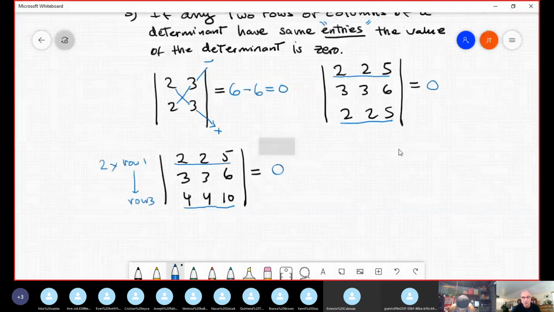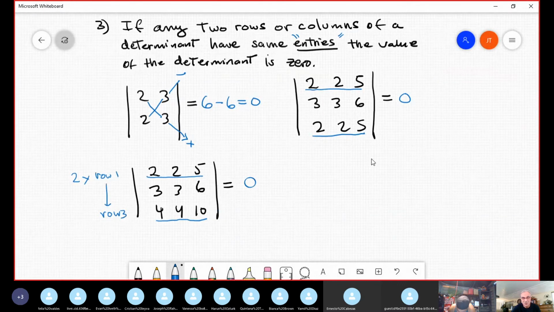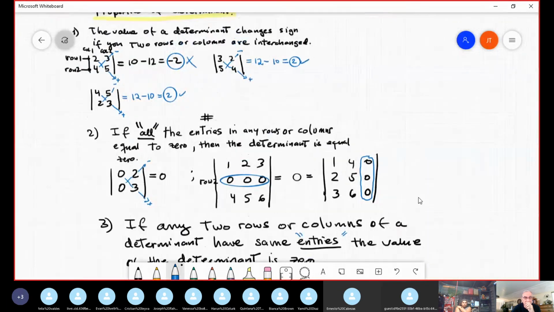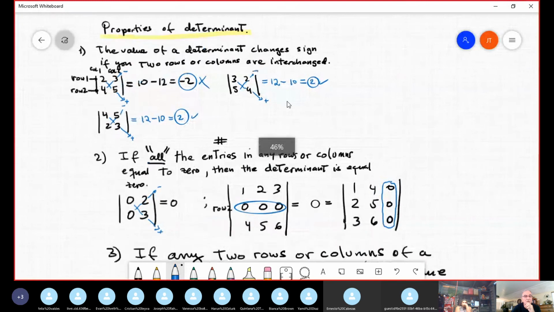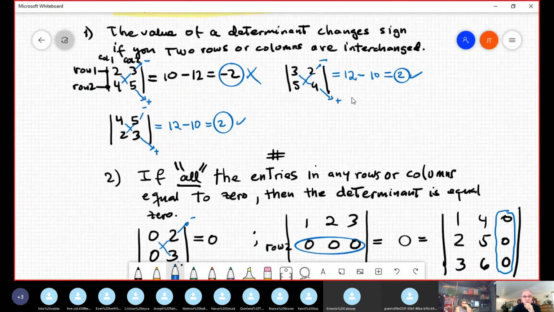Okay, well, suppose you say, well, professor, you explain, I understand, but how do you prove that? The proof of this is elementary. In property number 1, we studied, let me recall, that when you interchange two rows or two columns, the value of the determinant is the same value but opposite sign.